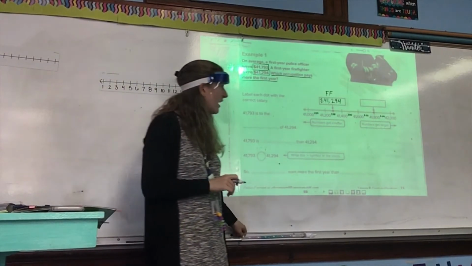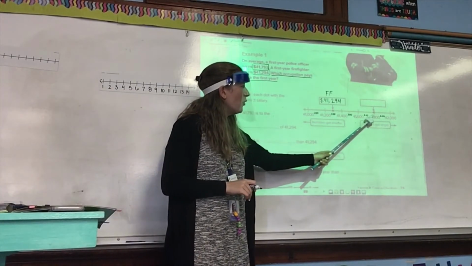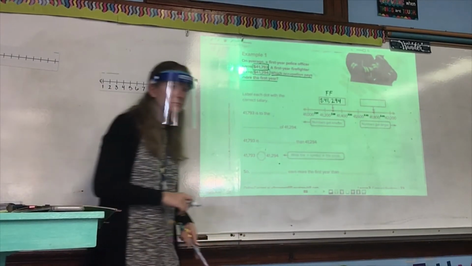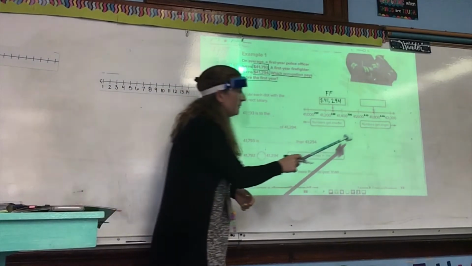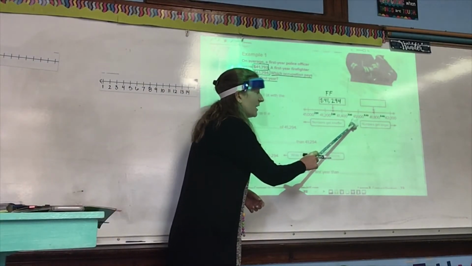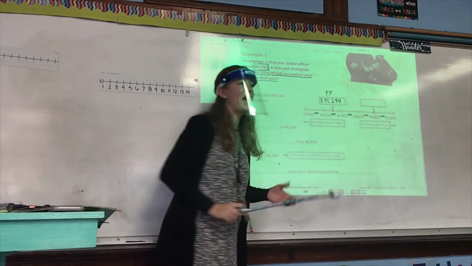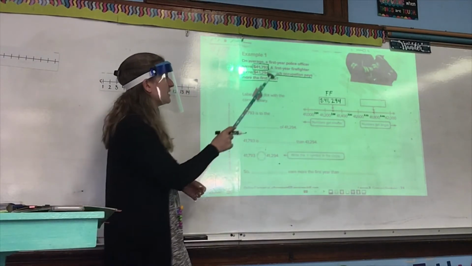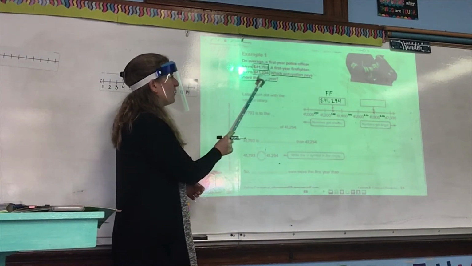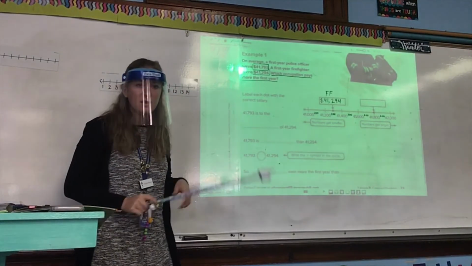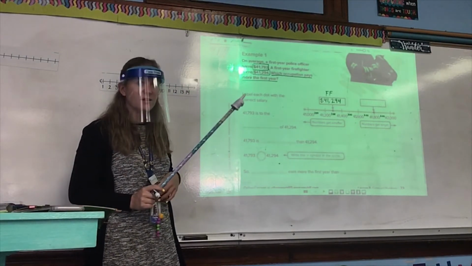We have another dot right before 41,800. Which salary comes right between 41,600 and 41,800 and is almost right at 41,800? Is it the police officer's salary or the firefighter's salary? Zari?